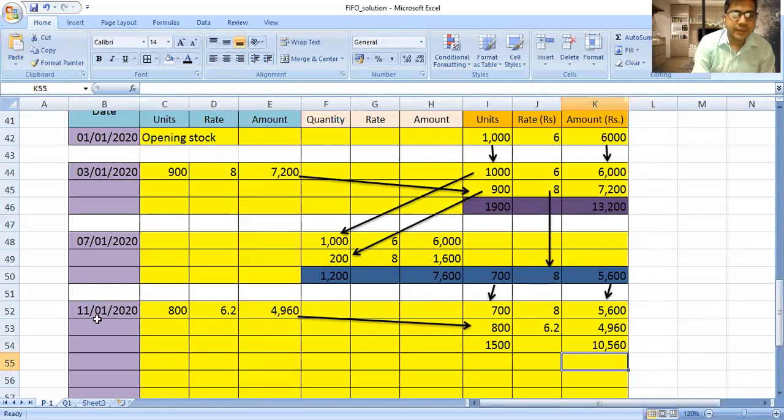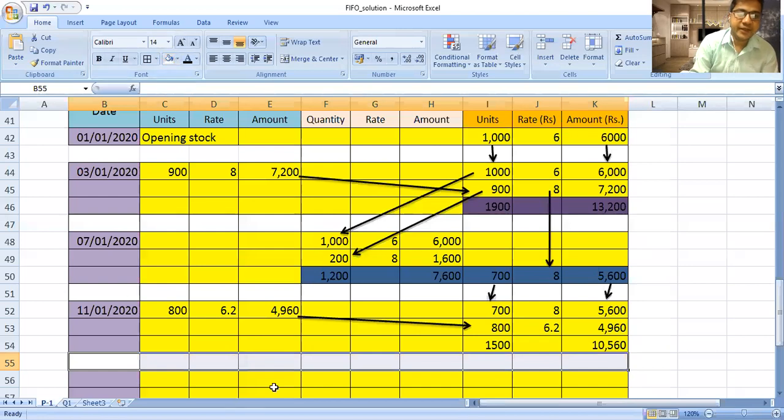It means on 11 January 2020 we have a closing balance of 1500 units, and the value is 10,560. And we have two rates, 8 rupees per unit, 700 units are there, and 6.20 per unit, 800 units are there, and the total we got. So I hope you understood how to write.